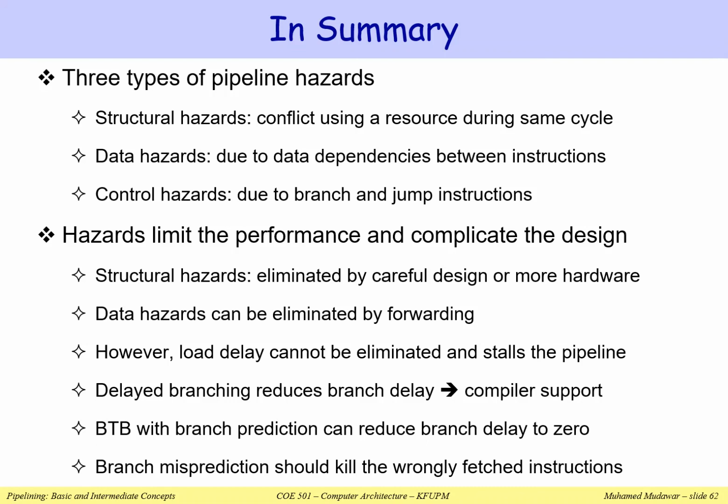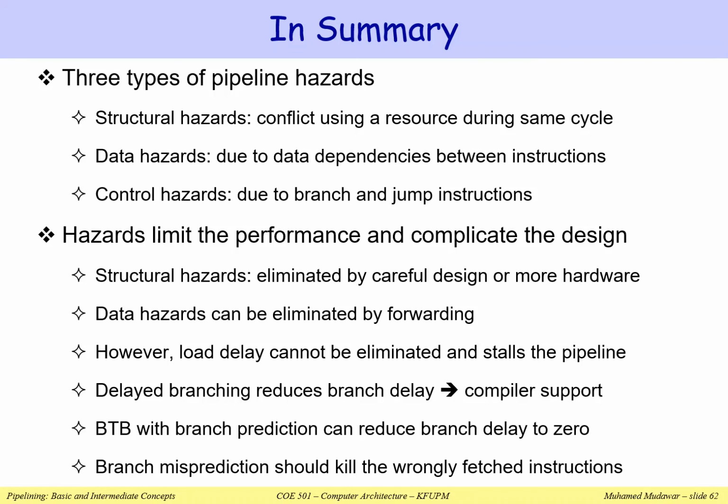Also, we have done the write back in the last stage of the pipeline so as to eliminate the structural hazard. We have seen data hazards. These data hazards are caused by data dependencies between instructions. We can eliminate data hazards by using forwarding. So we have to use additional buses in the data path for forwarding. Also, we have to use hazard detection logic to detect that we have read after write and to implement forwarding properly.